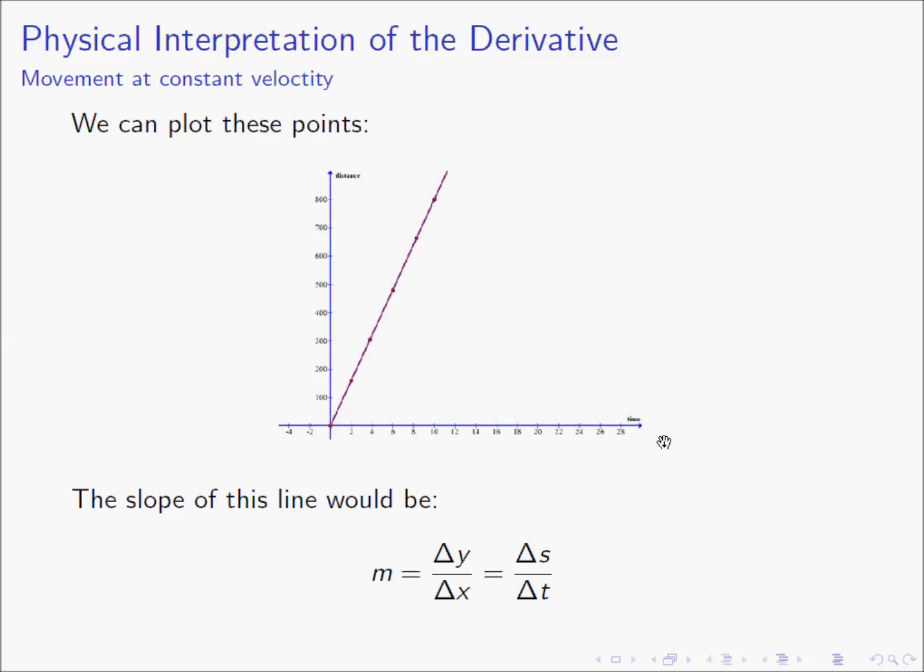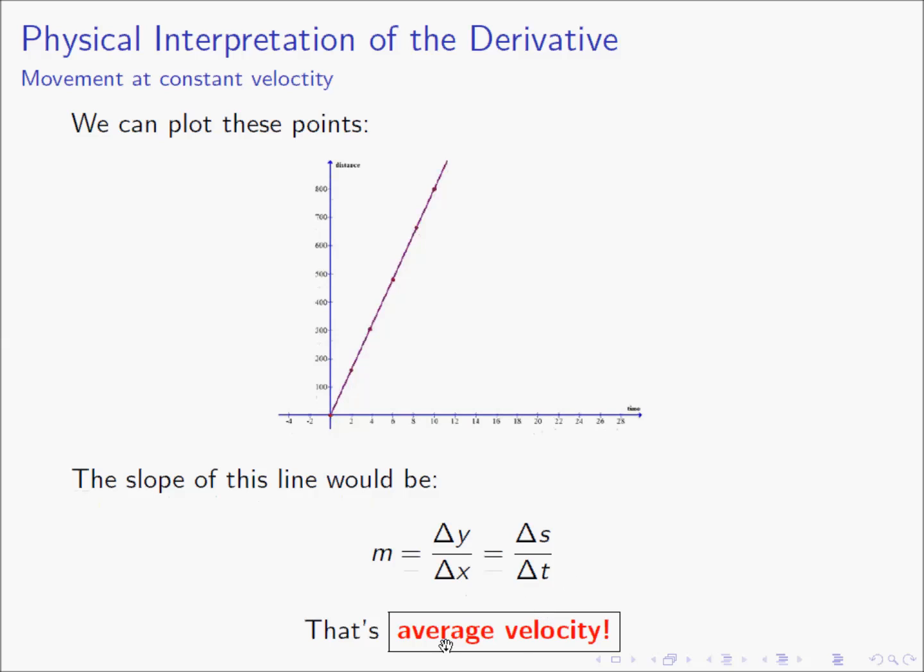And on the x-axis we have time, so we can write delta x as delta t. So here we have distance over time, and that's how we measure velocity. For example, kilometers per hour, miles per hour. That is, velocity is distance over time, and this is average velocity. So when we're calculating the slope of this line, what we're calculating is average velocity.